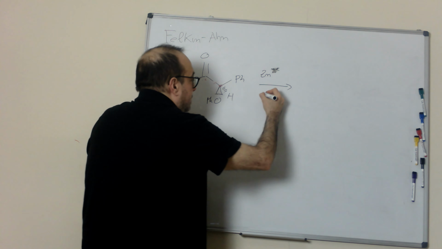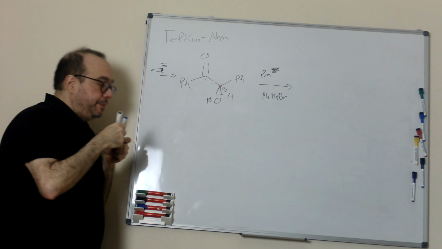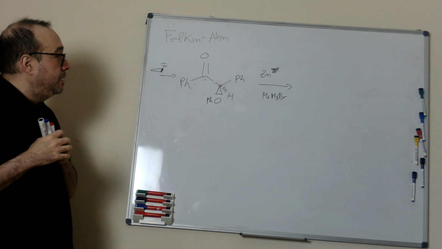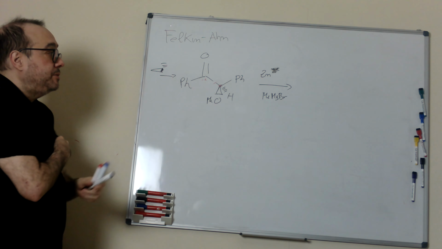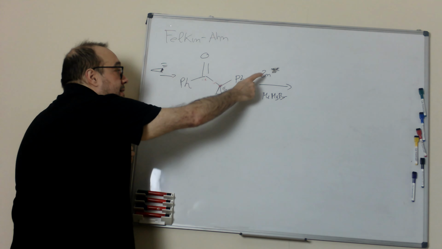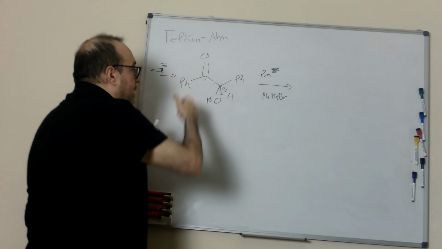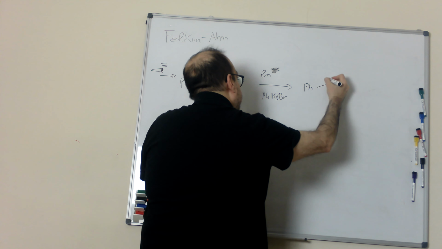And for example, I add a nucleophile like methyl magnesium bromide. The big difference between this example and the last one is that in this case, what will happen first is that the zinc, or the metal, will coordinate with these two atoms. That means that I will have this intermediate.